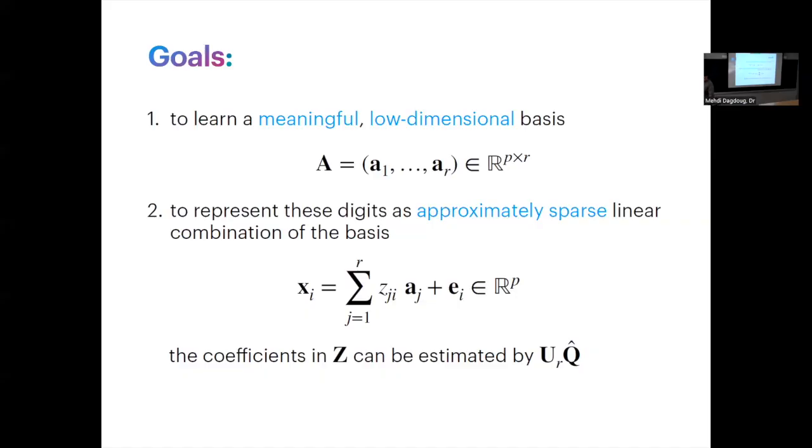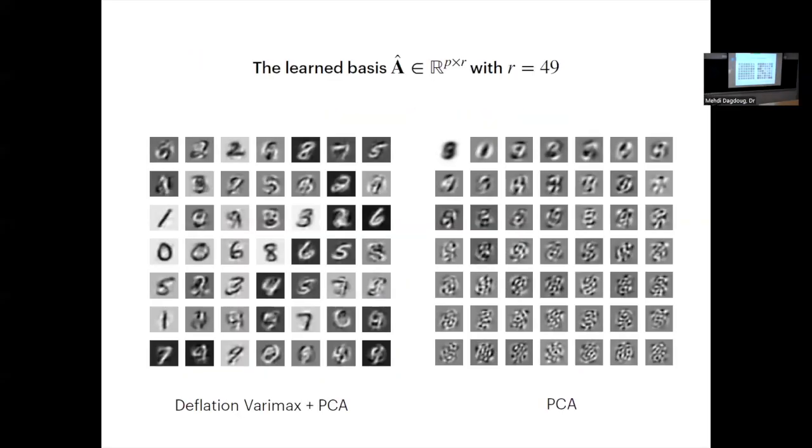All right, we compare our result, deflation varimax plus PCA, versus just using PCA. These are the bases we have. We choose R equal to 49. We are considering 49 bases, and each one of them we can plot here. If you look at the basis constructed from the two approaches, apparently the one using varimax by rotating the principal components gives you more information.